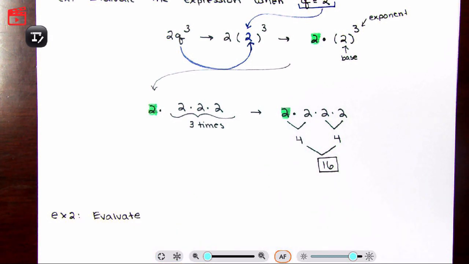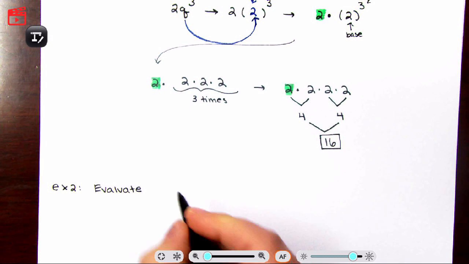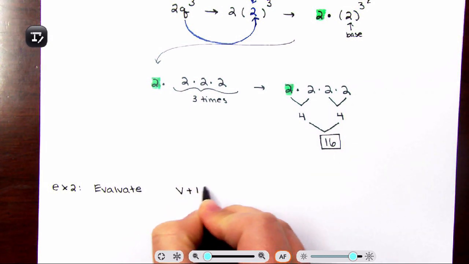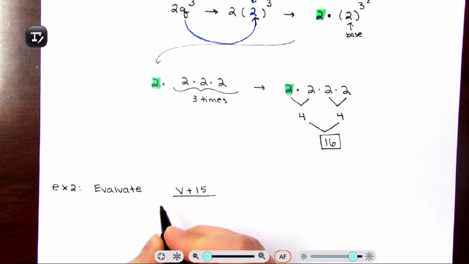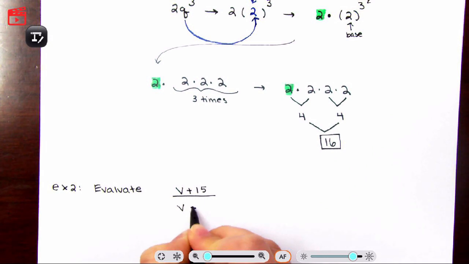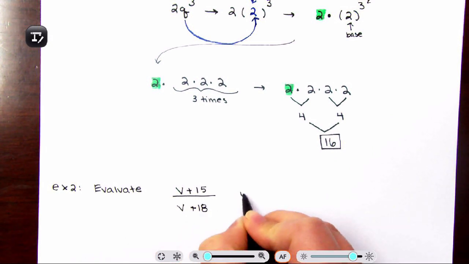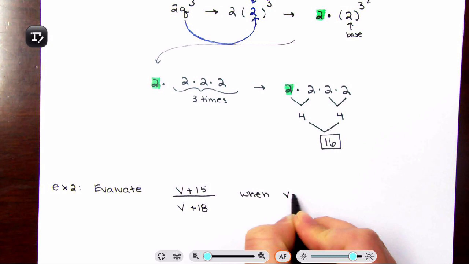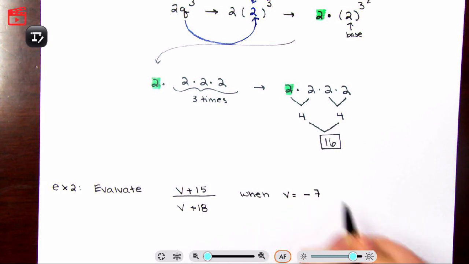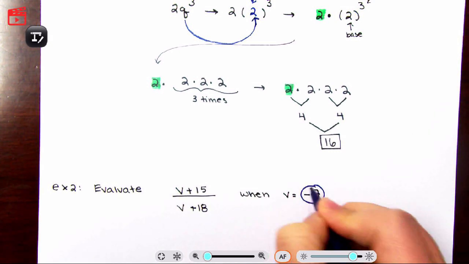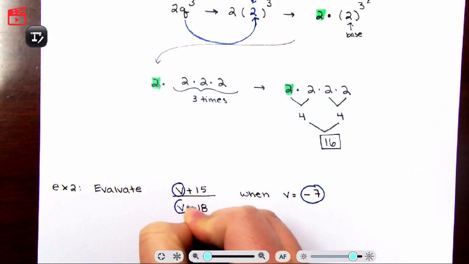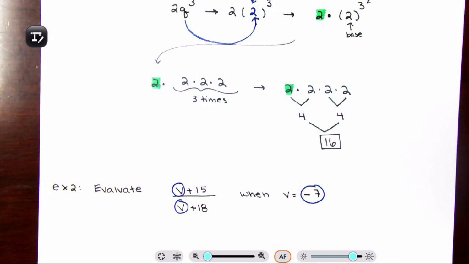This one's going to be evaluate V plus 15 divided by V plus 18 when V is equal to -7. So again, what we're doing is we are substituting, we are taking this V value and we are replacing the V with that actual integer.